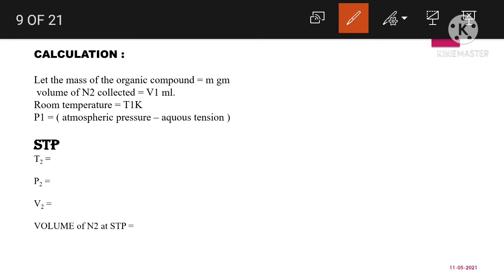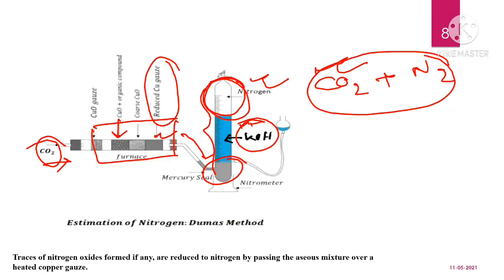Suppose the mass of the organic compound is m gram and the volume of nitrogen collected is V1 ml in the graduated tube. The room temperature is T1 Kelvin. Now the pressure here is not the same as atmospheric pressure.